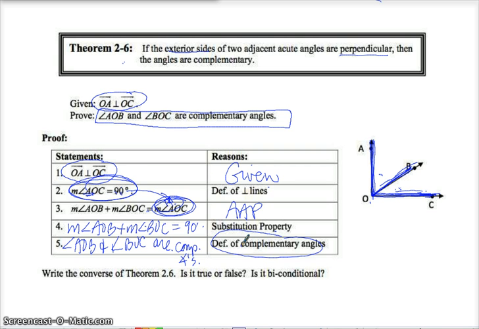Now go ahead and take a minute to write the converse if you didn't already do that on your own. So write the converse of theorem 2.6. Remember that just means we're going to reverse the hypothesis and the conclusion.